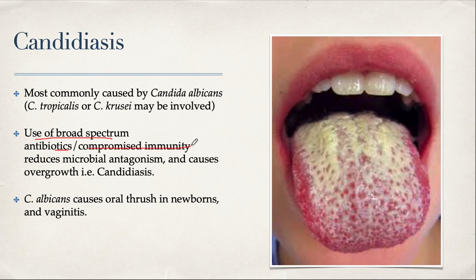And so in those instances, you would have an outbreak of candidiasis, or oral thrush, most commonly caused by Candida albicans. There are other species that could also be involved. Candida albicans will cause oral thrush in newborns and may also cause vaginitis.